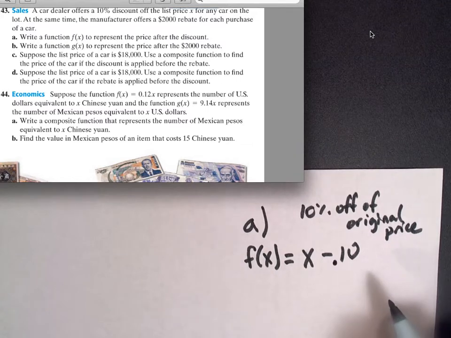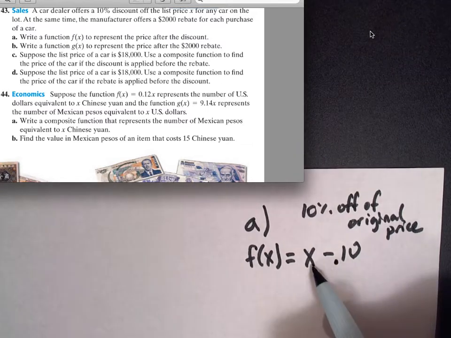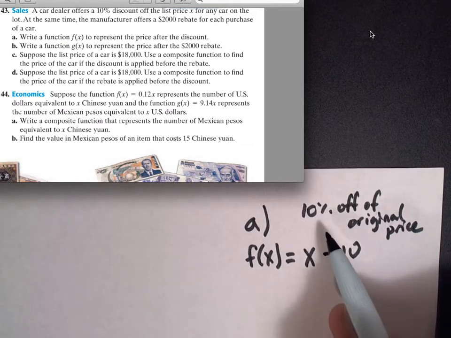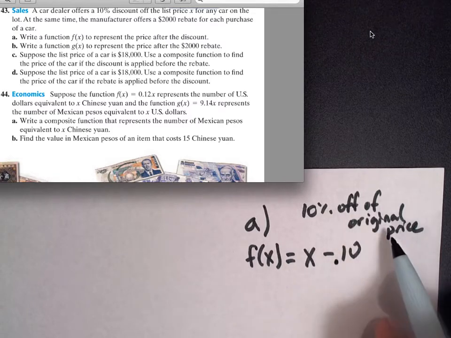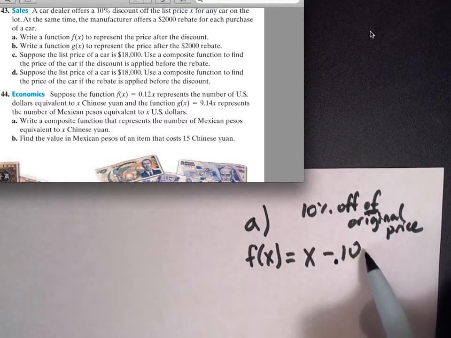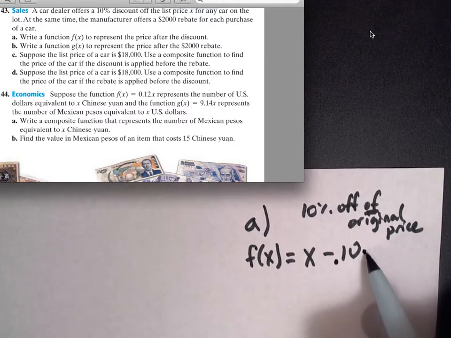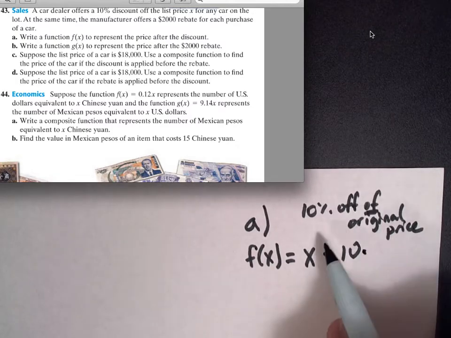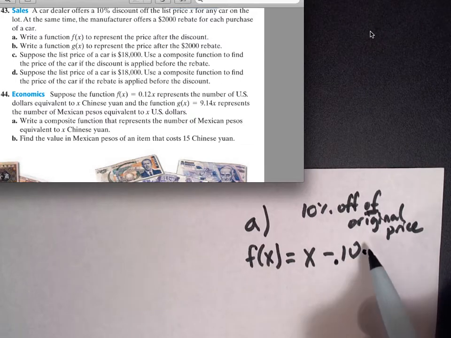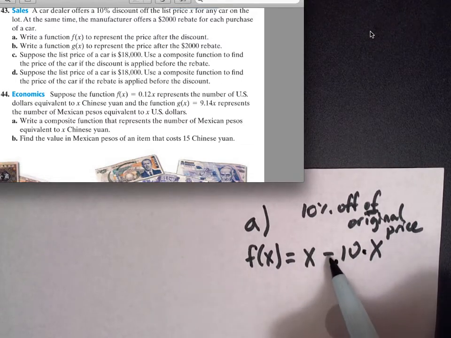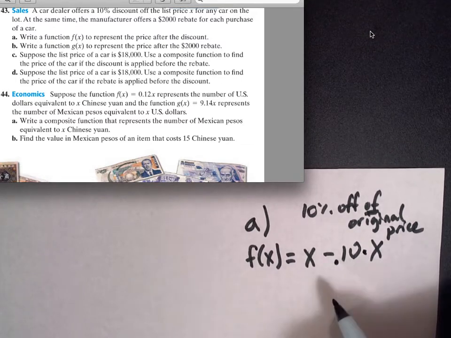So x minus 0.10. We're getting closer, except that's still just x minus 10 cents. I want 10% off of the original price. Remember, of means times. So I want to multiply 0.10, or 1/10, times the original price. What was the original price? It was x. So it's x minus 0.10 times x. I'm taking the original price and subtracting 10% of the original price.